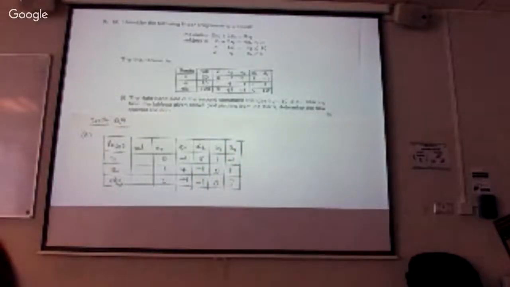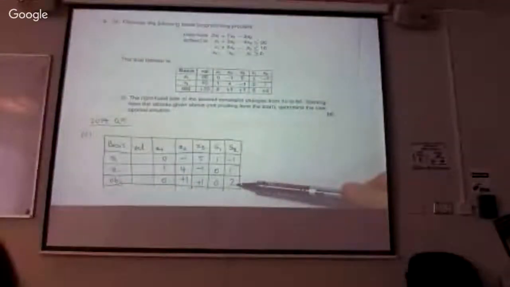And the reason for this is that last year's exam questions were all wrong. Well, not wrong, but the students all learned the objective row with the opposite signs to what you're learning. So whenever you see a model solution, you have to be tolerant of various things appearing in the objective row.